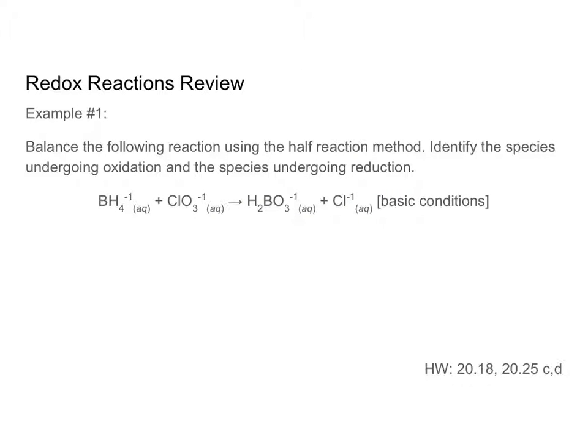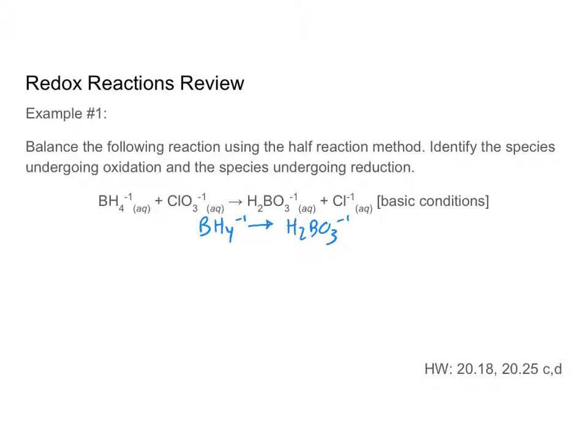So to go back to redox reactions, we should probably review them a little bit, and we should probably be able to go ahead and balance this, but I think that we'll do it as a team, just to refresh your memory, because last hour some people remembered, but then they forgot, and then they remembered again. So the first thing I'm going to do is write the half reaction. I'm going to say I have BH4 minus, which is a -1, reacting to form H2BO3 minus, also a -1.